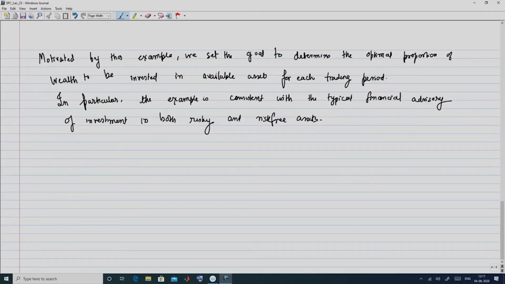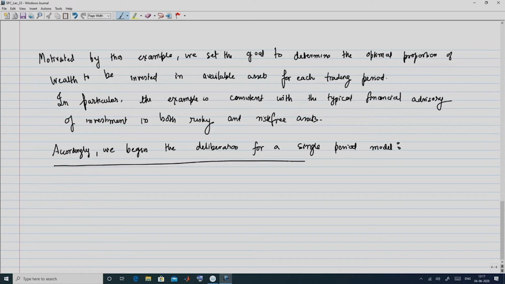Okay, so accordingly we begin the deliberation for a single period model, and then we will extend this to the multi-period model, where we will make use of Bellman's dynamic programming principle.